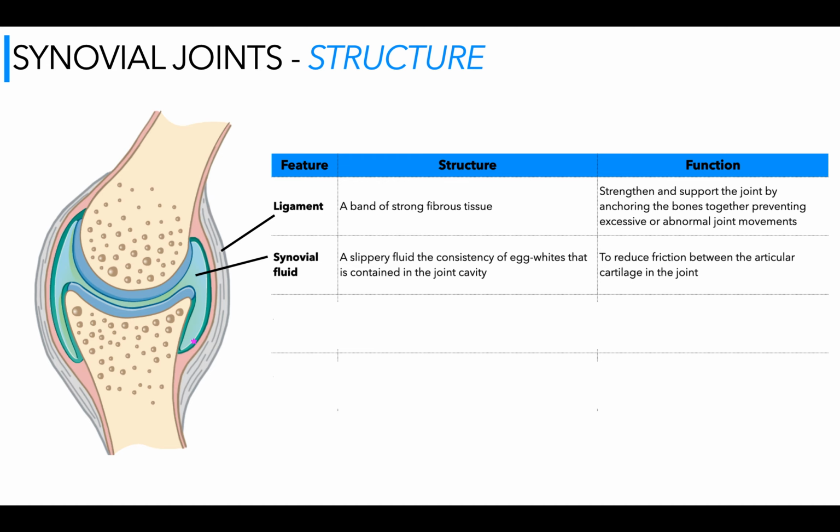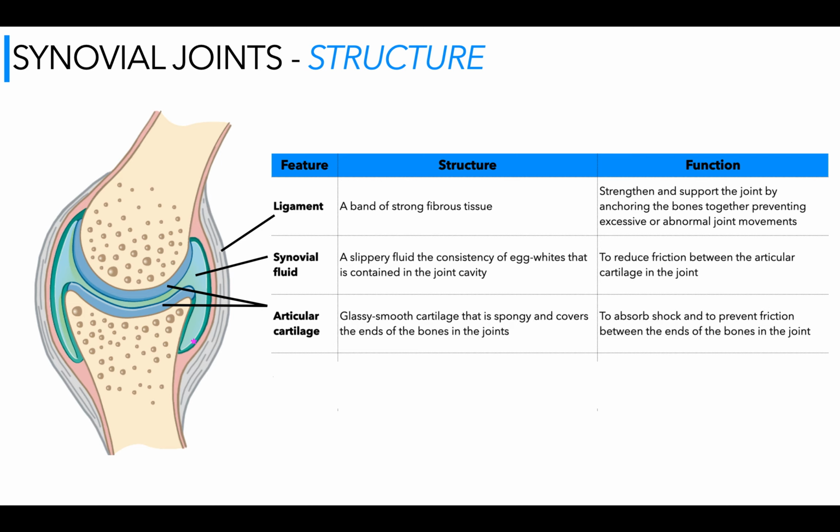And speaking of articular cartilage, this is the cartilage here, or hyaline cartilage, which we'll find on the ends of bones. It covers them. It's a spongy, also smooth surface, and it's there to absorb shock and prevent friction between the ends of our bones.